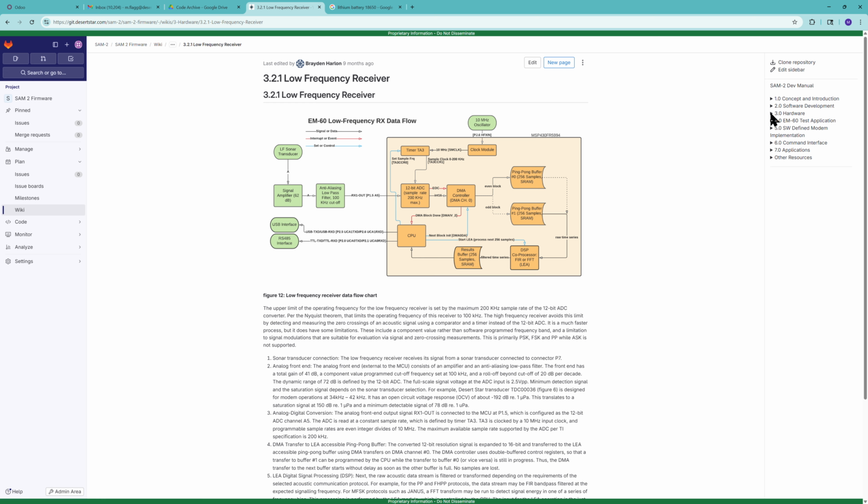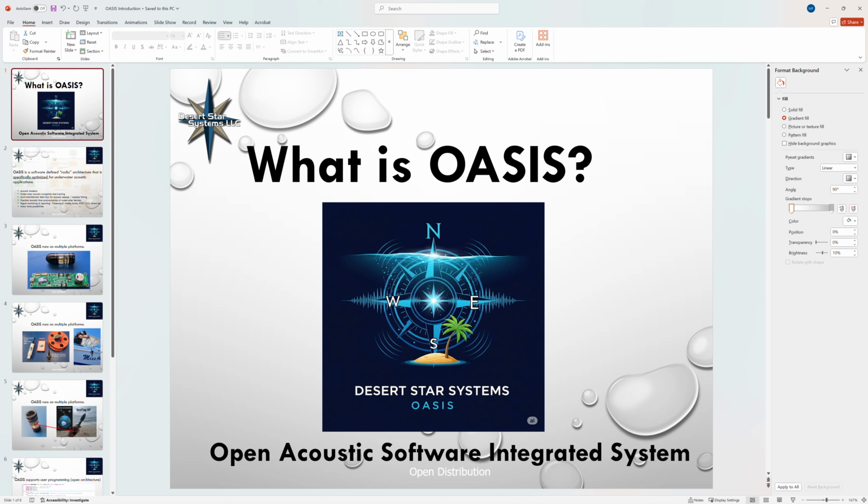How I got there is I hit 3.0 hardware, and then 3.2.1 low frequency receiver, and here we are. Okay, so with that, let's do a brief overview of what OASIS is about.